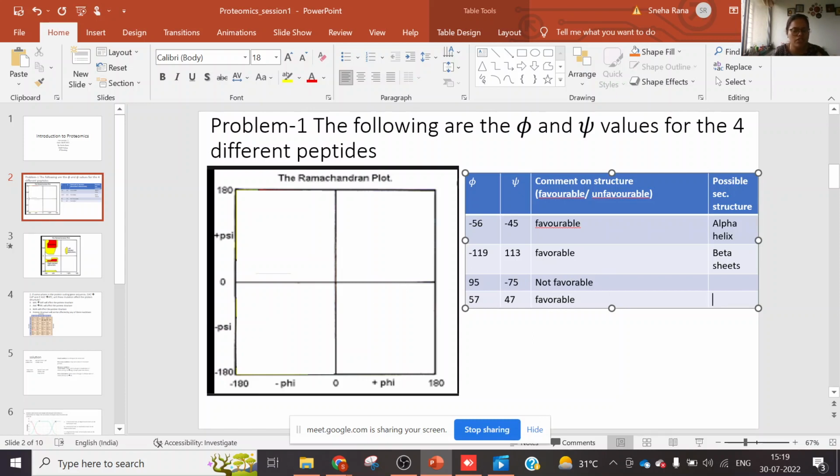Any idea which structure it will take? Alpha helix, specifically the left-handed alpha helix. Yes, more precisely correct. This region is favorable for left-handed alpha helix, and this other value is for right-handed alpha helix.